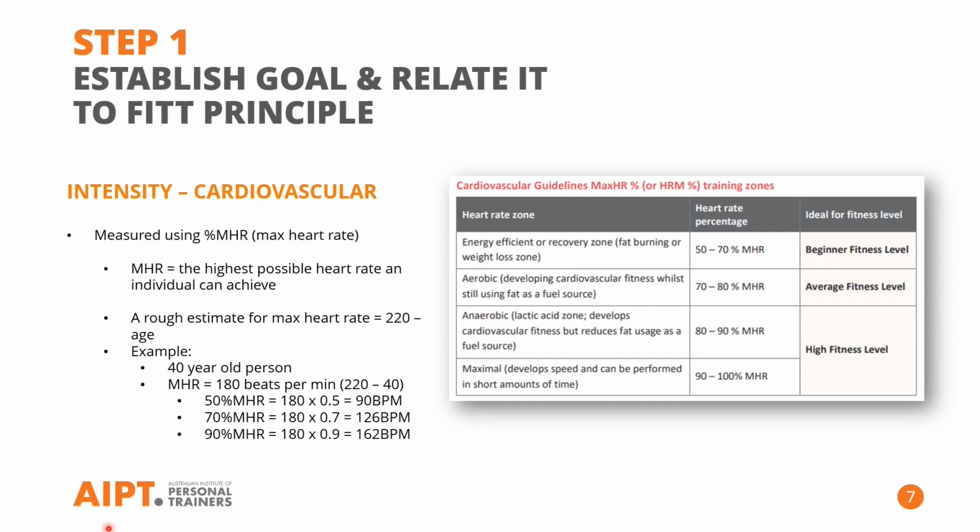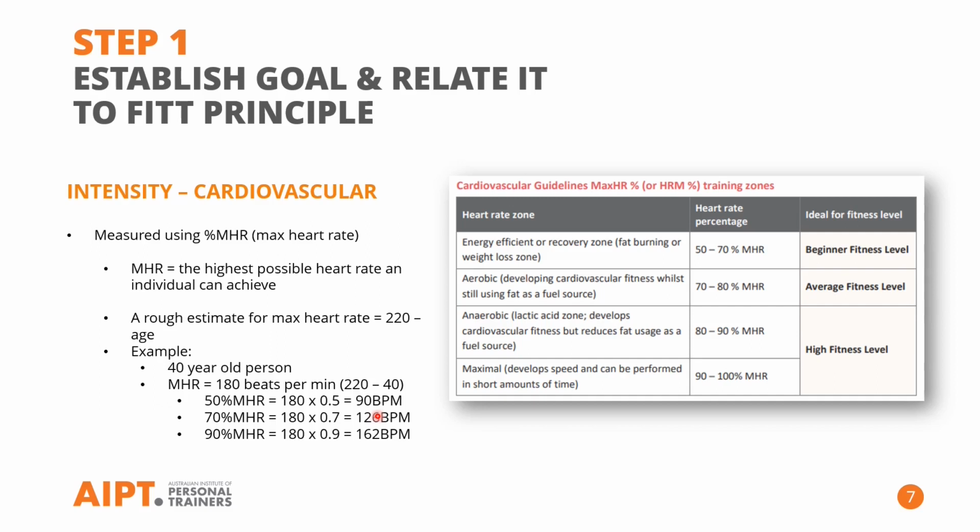So for example, 50% maximum heart rate for that client, the easiest way to work it out down the bottom here is you take their maximum heart rate number and multiply it by 0.5, which represents 50%. And that gives you 90 beats per minute here. So you're probably well aware that 90 beats per minute is not very high. You might get to that point with a very slow jog or a brisk walk.